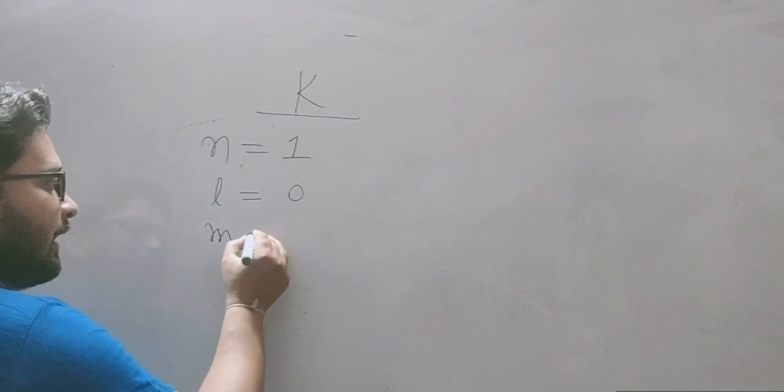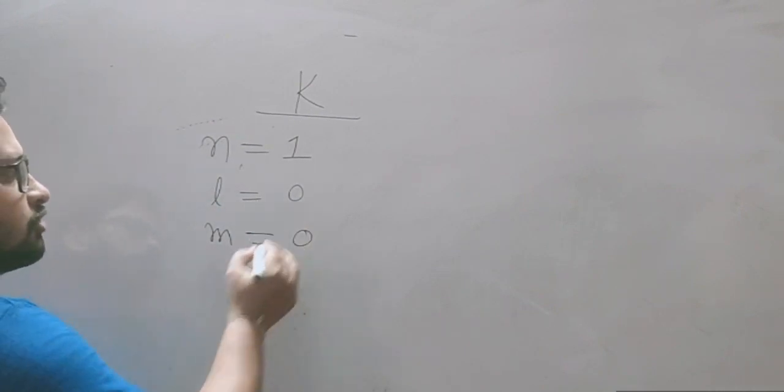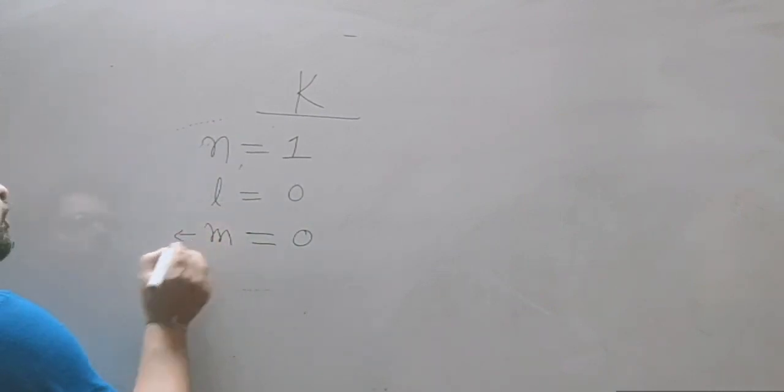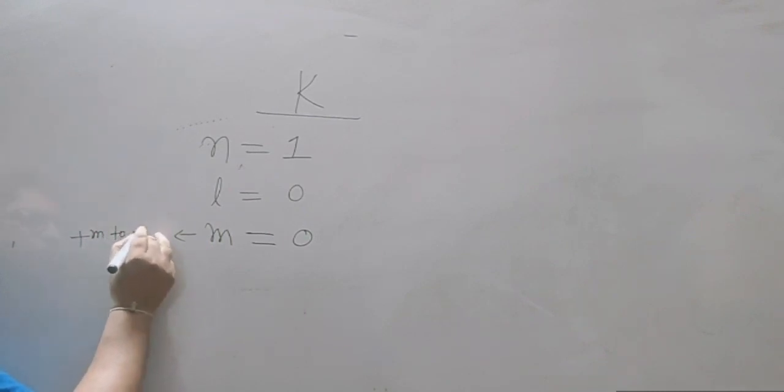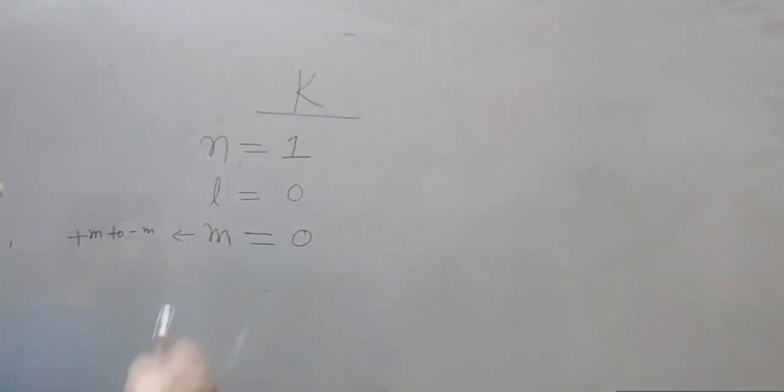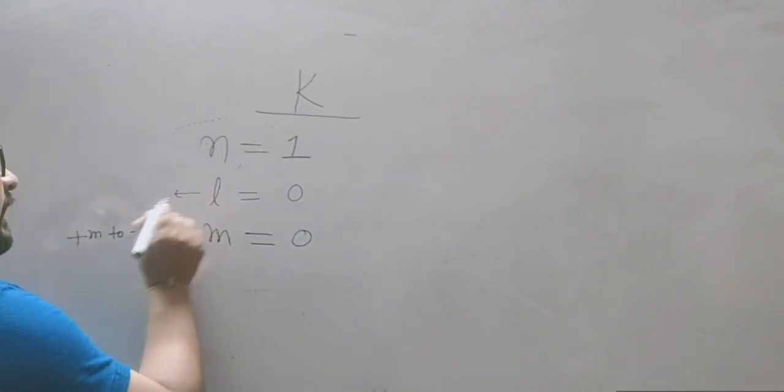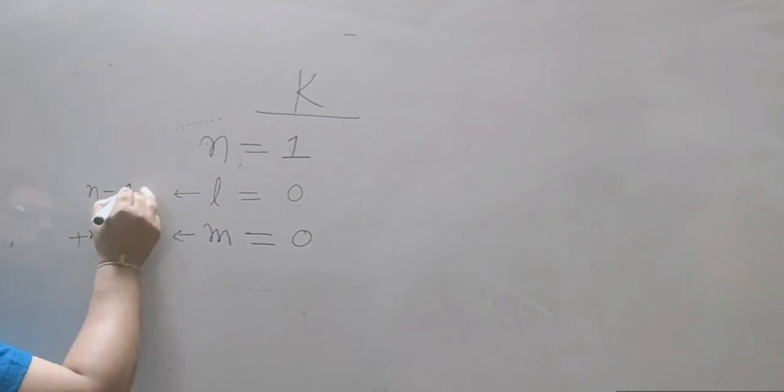And the value of m is also 0, because the value of m depends on plus l to minus l, or minus l to plus l, where l equals n minus 1.